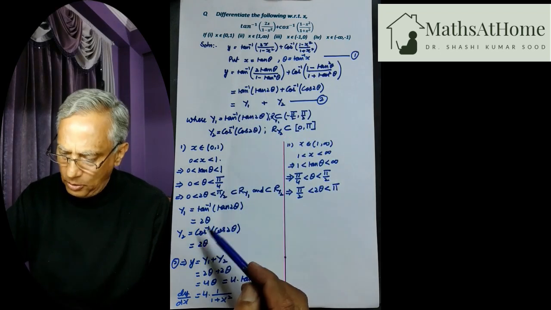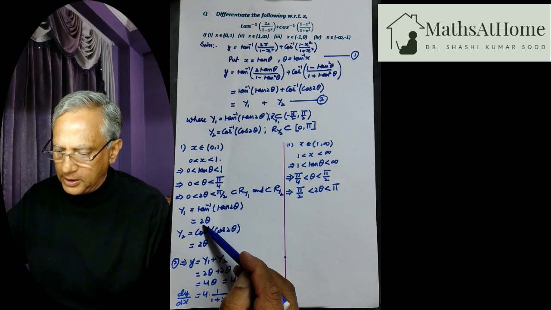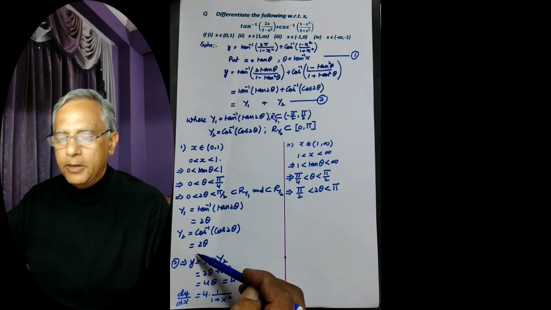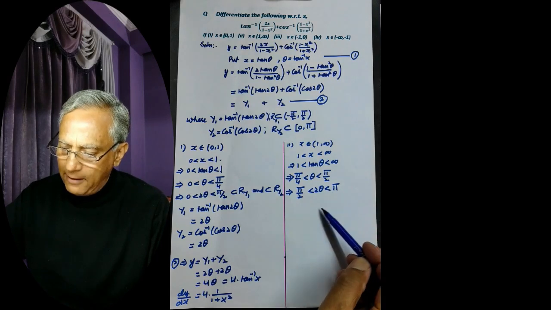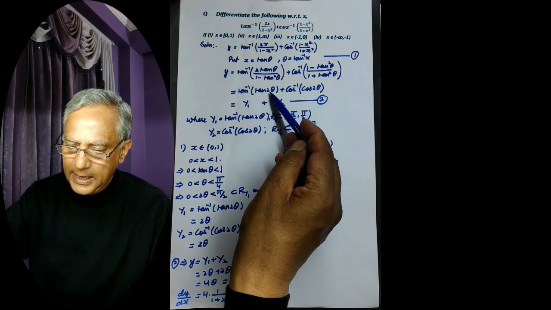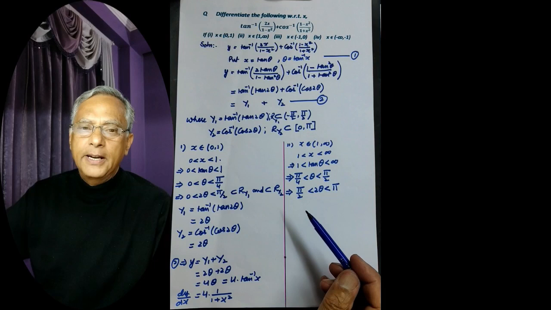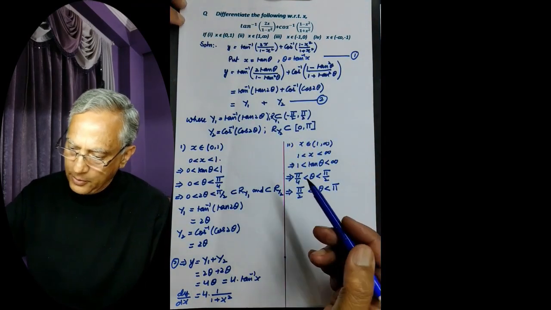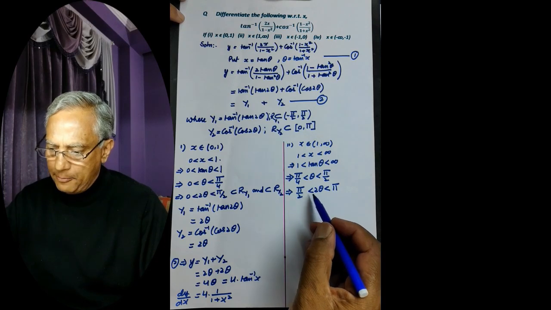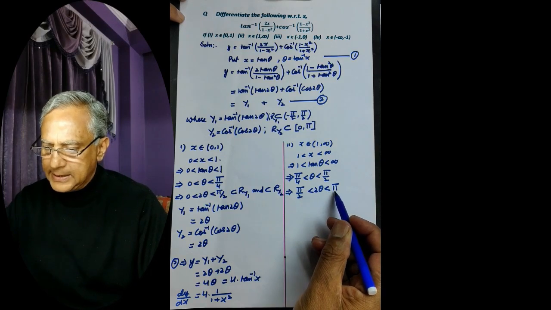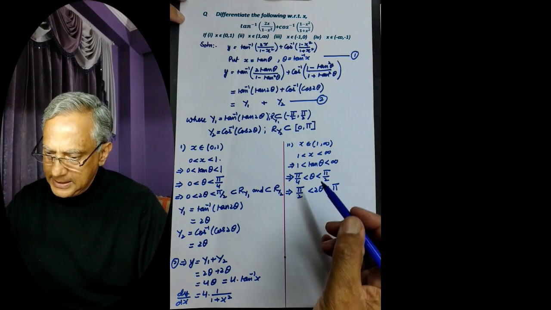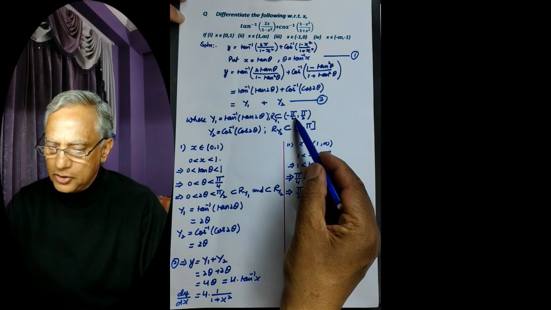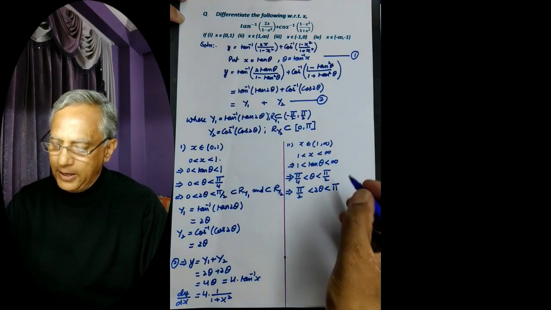If it is in the range of this, then tan inverse tan 2 theta will be 2 theta. And if it is in the range of this, then this will be equal to 2 theta. Otherwise, we have to bring this in the range of tan inverse and this in the range of cos inverse. So what we now see is pi by 2 is less than 2 theta is less than pi. Now this is in the range of y2, but this is not in the range of y1.